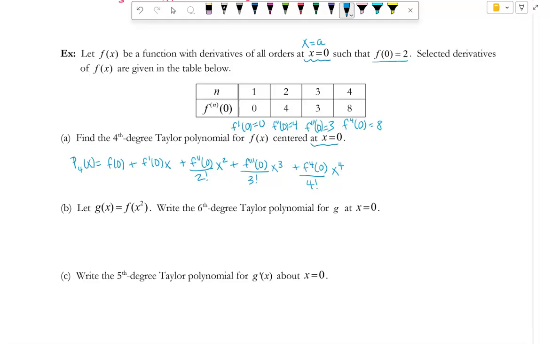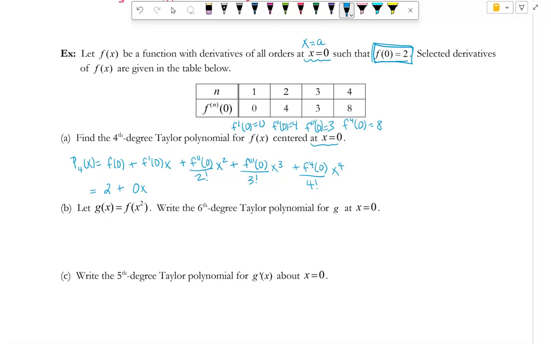All right, so when I go ahead and write that out, that is 2. Remember they told us up here f of 0 is 2, plus, well, f prime of 0 is 0. I read my table wrong. So I get a 0 times x there.